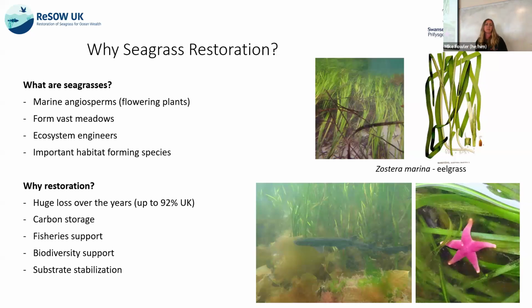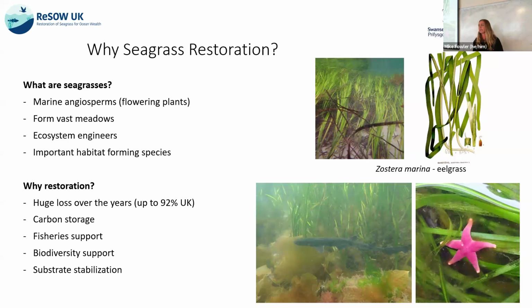And so they're really important habitat forming species. I'm concentrating on the species Zostera marina, which is the most extensive meadow forming species we get around the UK. This is Zostera marina, a picture of it there, also known as eelgrass. So why do we want to restore it?